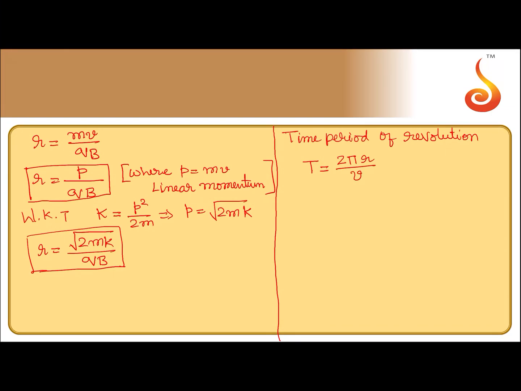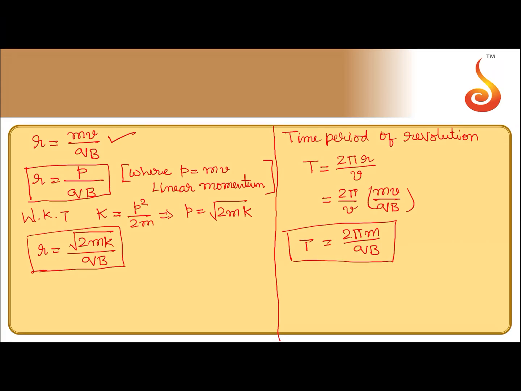Velocity, I mean the speed with which it is moving, is v. So that should be equal to 2 pi by v into, substituting r is equal to mv by qB, what we get is time period is 2 pi m by qB. So this is the time period of revolution.